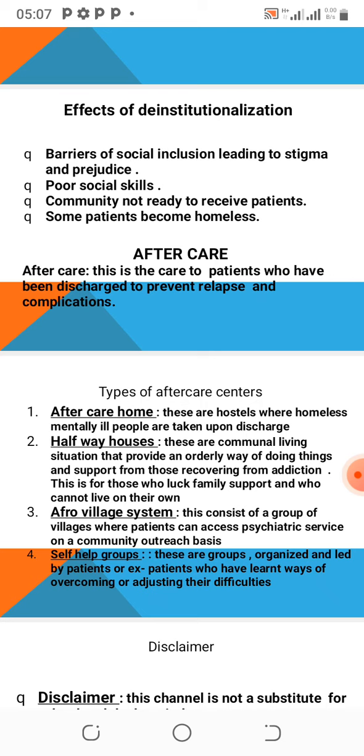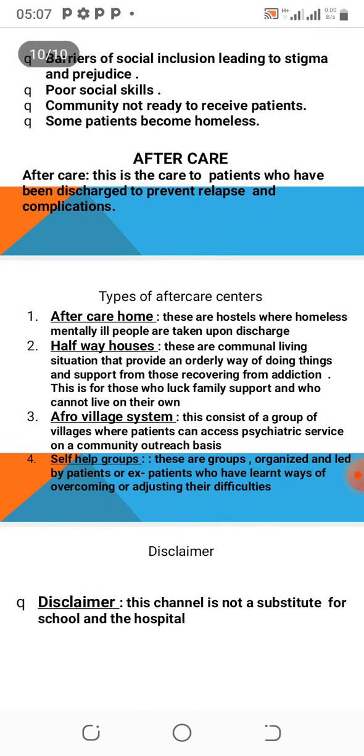Halfway houses are communal living situations that provide an orderly way of doing things and support for those recovering from addiction. This is for those who lack family support and who cannot live on their own. So these people are given things that they do on a routine basis.